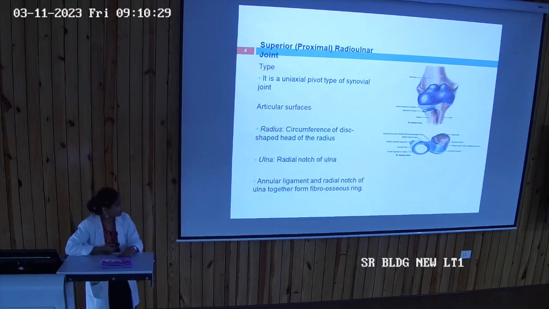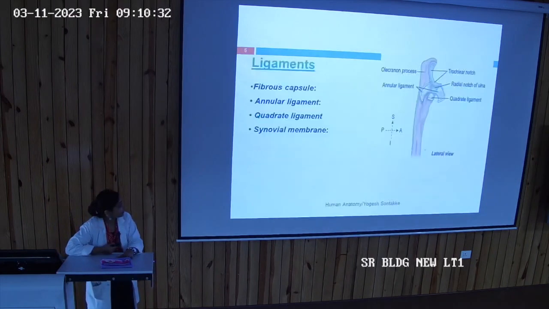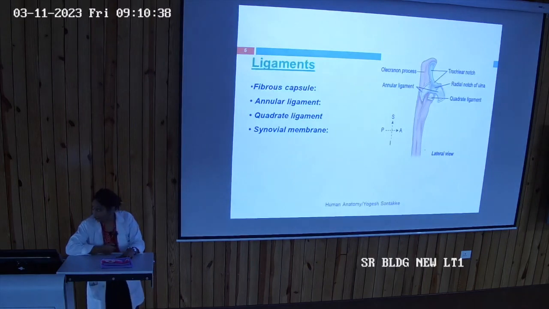So surfaces, then the ligaments, and one more ligament is there which is the quadrate ligament. It extends from the neck of radius towards the supinator fossa, just below the radial notch. It is attached to the ulna. Now it is located inferiorly, so it limits the superior radioulnar joint inferiorly.